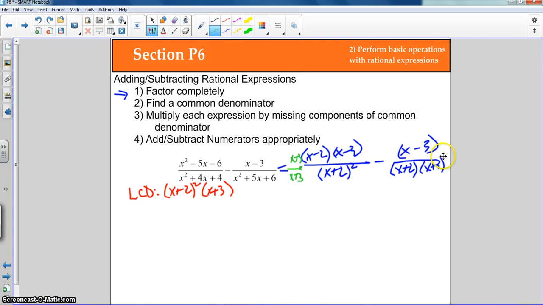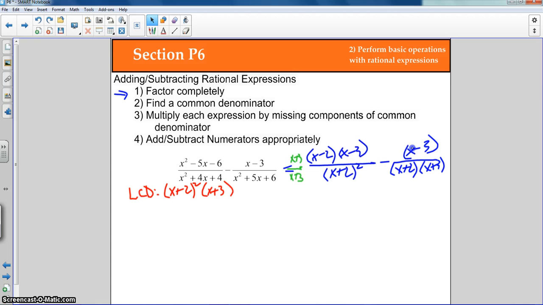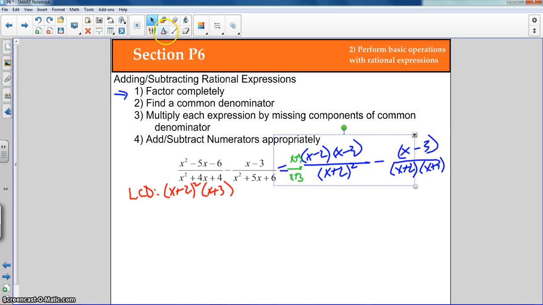And then over here, the second term is missing what? It's missing another (x plus 2). So what I'm going to multiply this one by is (x plus 2) to both numerator and denominator.